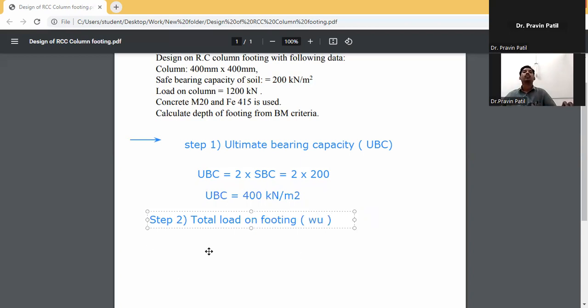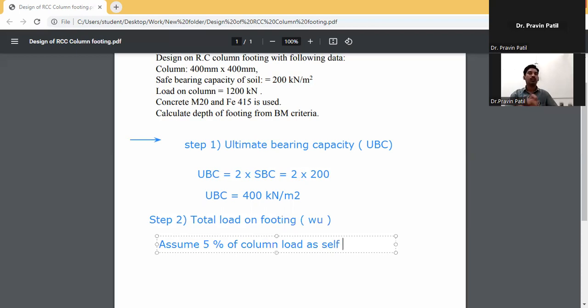So self weight of footing, assume 5% of column load as self weight of footing.